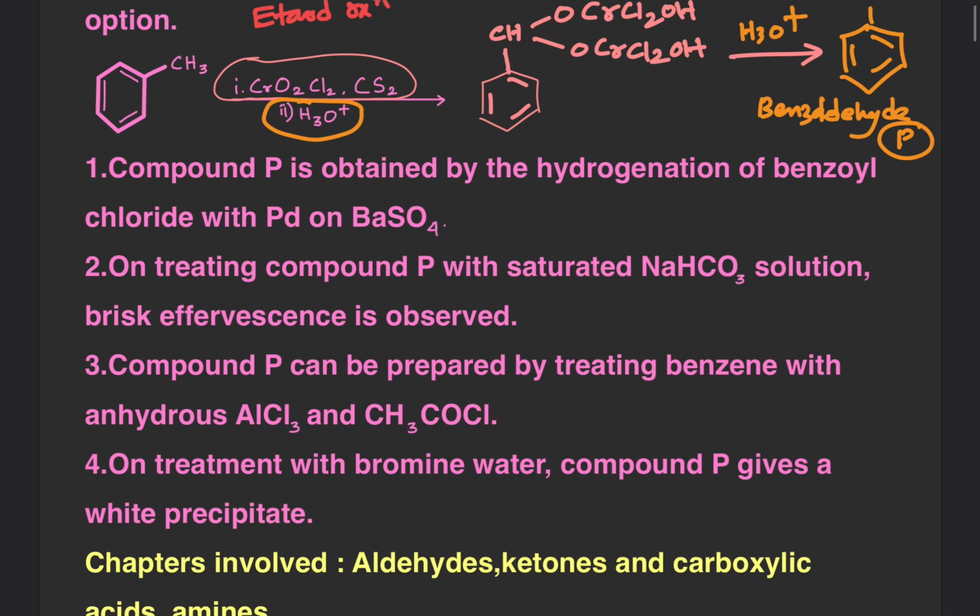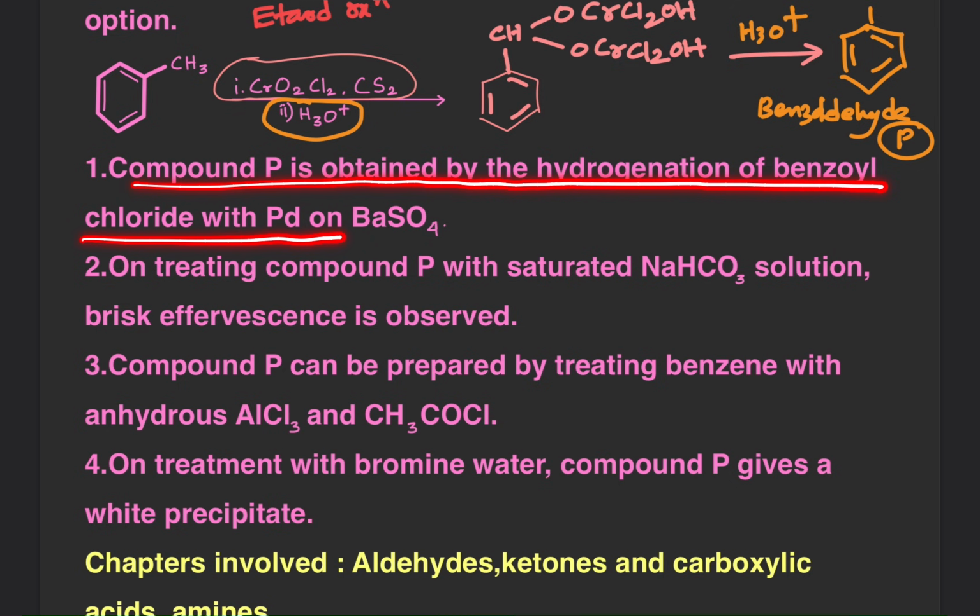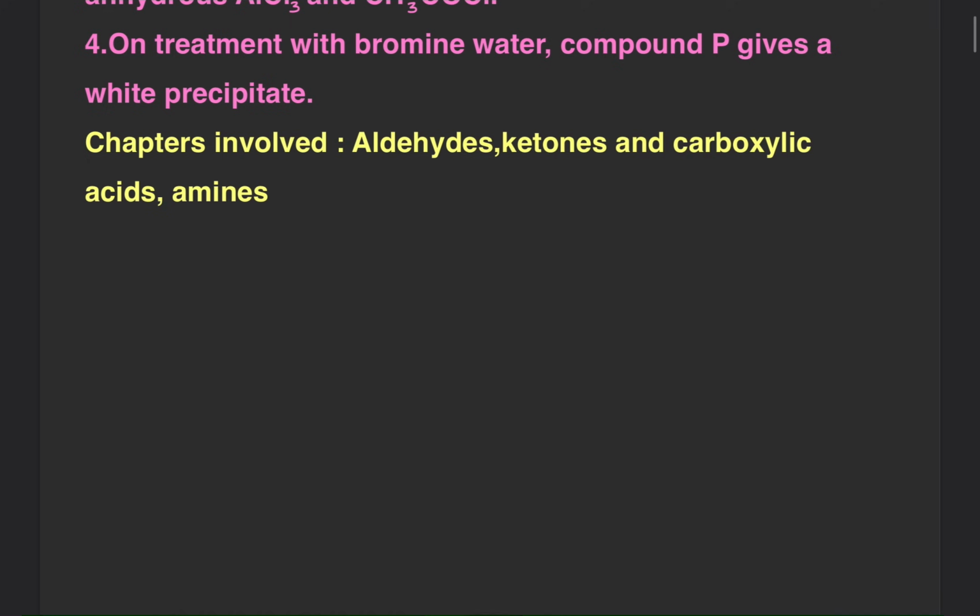Option 1 says compound P is obtained by the hydrogenation of benzoyl chloride with palladium on barium sulfate. Okay, so benzoyl chloride is this, an example of an acid chloride.